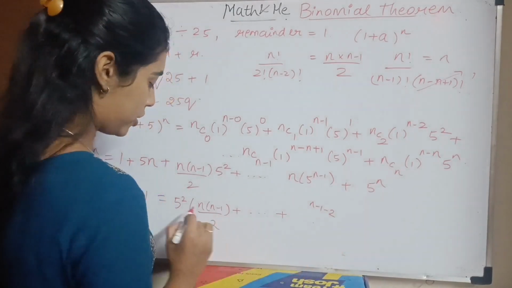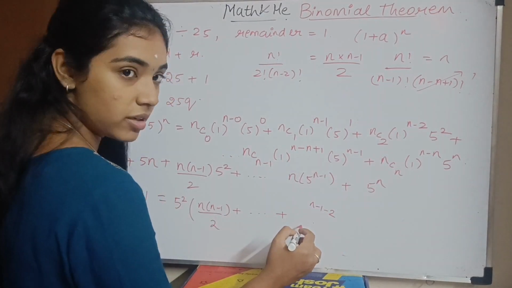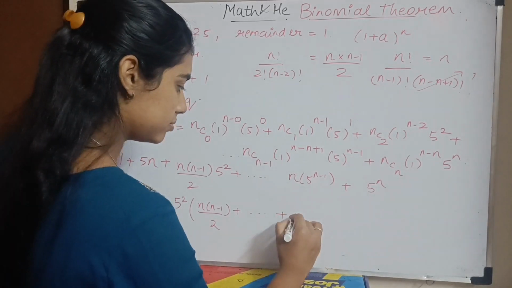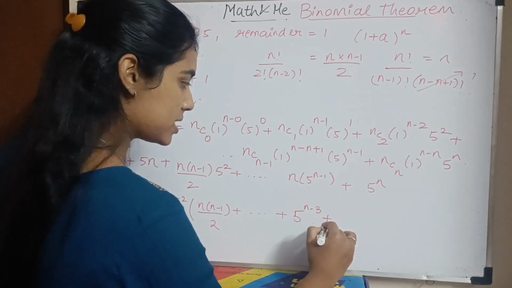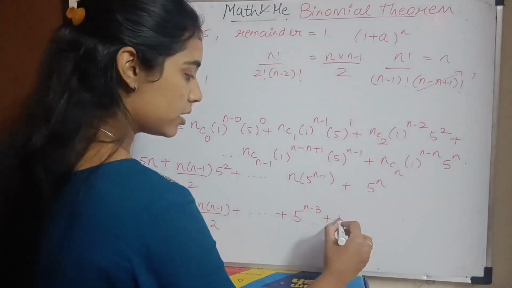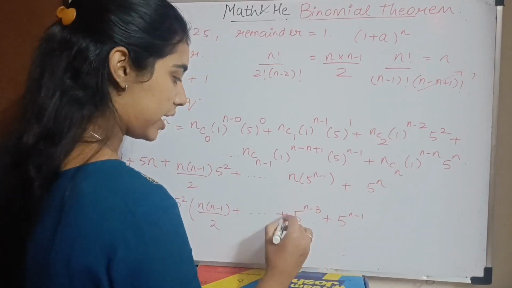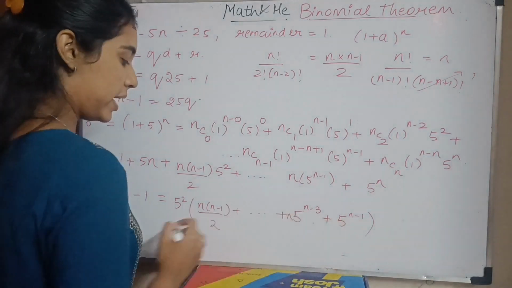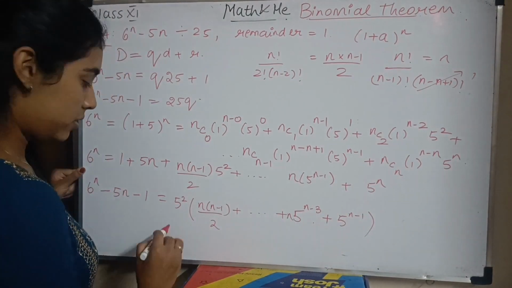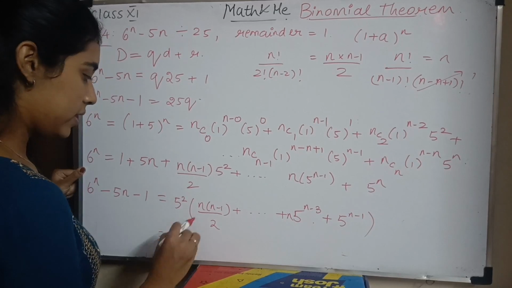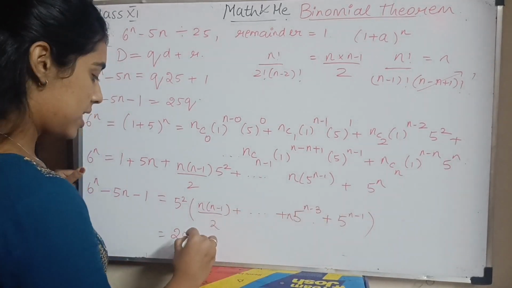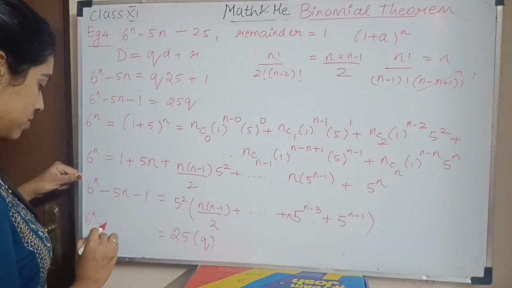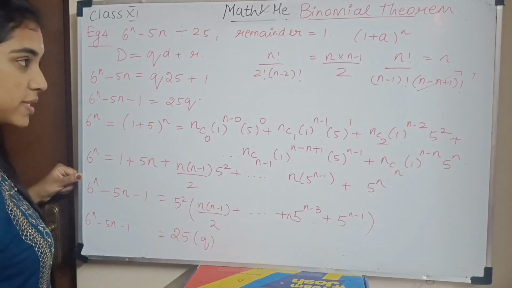I took 2 outside, so minus 2, so n minus 3. So I'll be left with 5 to the n minus 3, plus, from this one I took 2 out, I'll be left with 5 to the n minus 1. I have an n here, don't forget. Okay. So this is my remaining terms inside the bracket. What is 5 squared? It is 25 times whatever I have inside this, I'll just write it as q. Okay. So this is 6 to the n minus 5n minus 1 equals 25q.